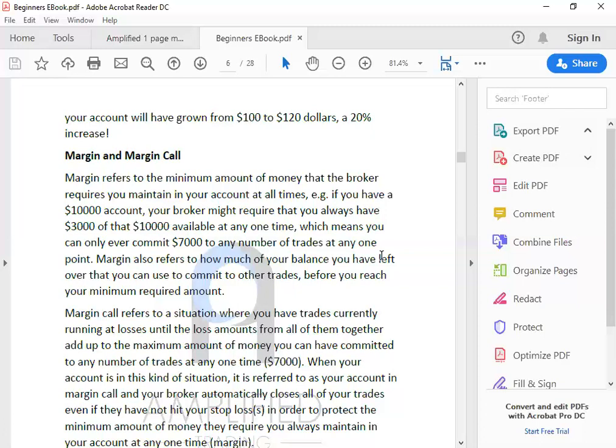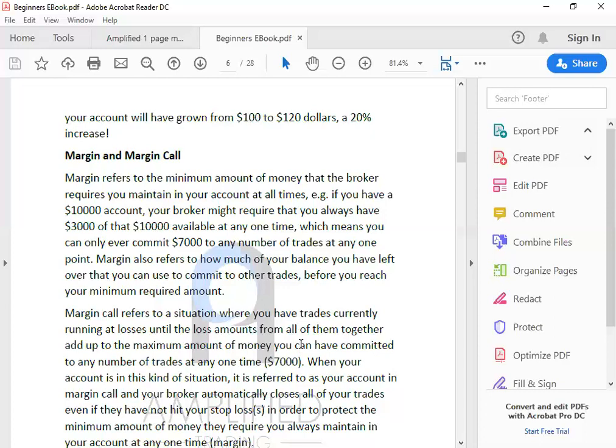The broker will close your positions. Boom. Because now you've reached that 20% margin requirement, you've actually violated it, and then the broker executes what's called a margin call.